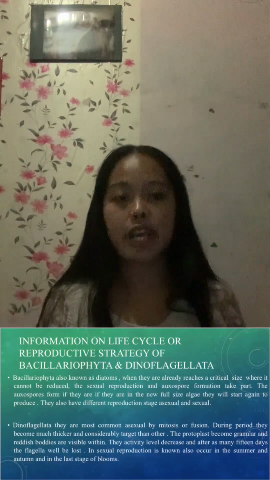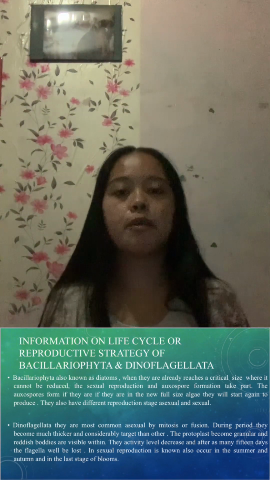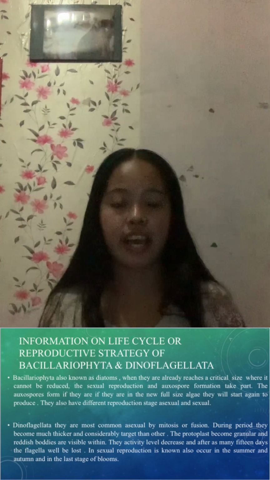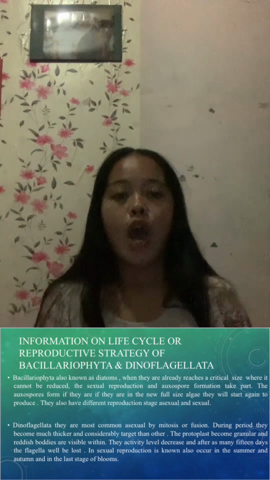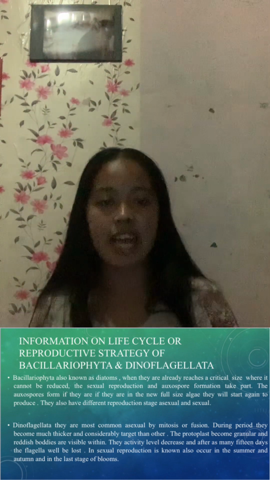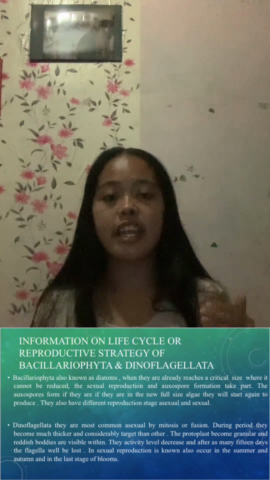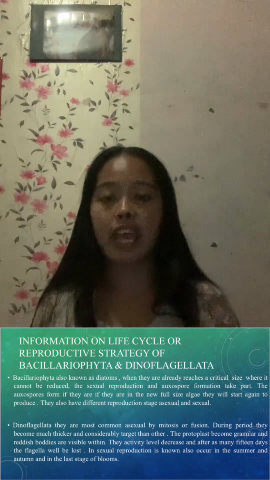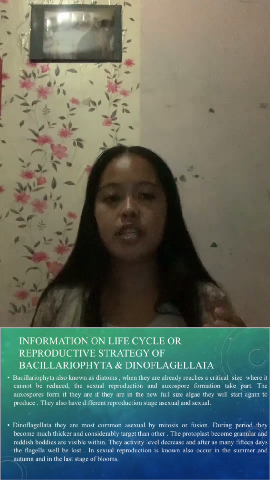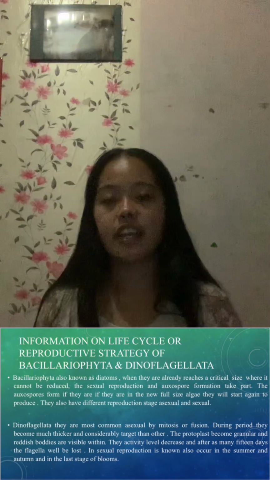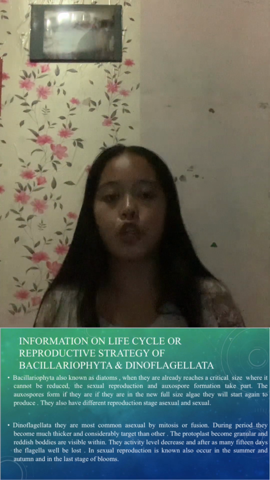After that, I'm going to explain the life cycle and reproductive strategy of Bacillariophyta and Dinoflagellata. The Bacillariophyta, also known as diatoms, when they reach a critical size where they cannot be reduced further, sexual reproduction and auxospore formation take place. The auxospores form the new full-size algae, and they will start to reproduce again.